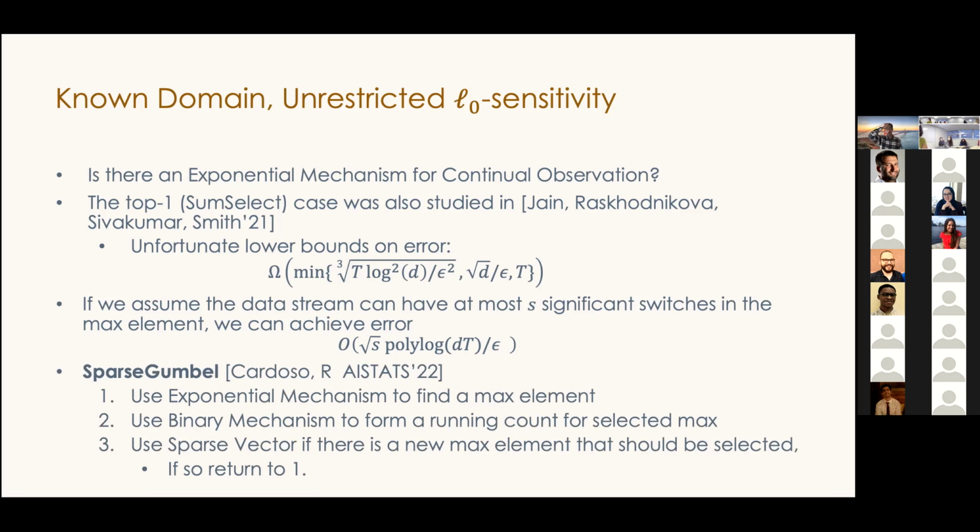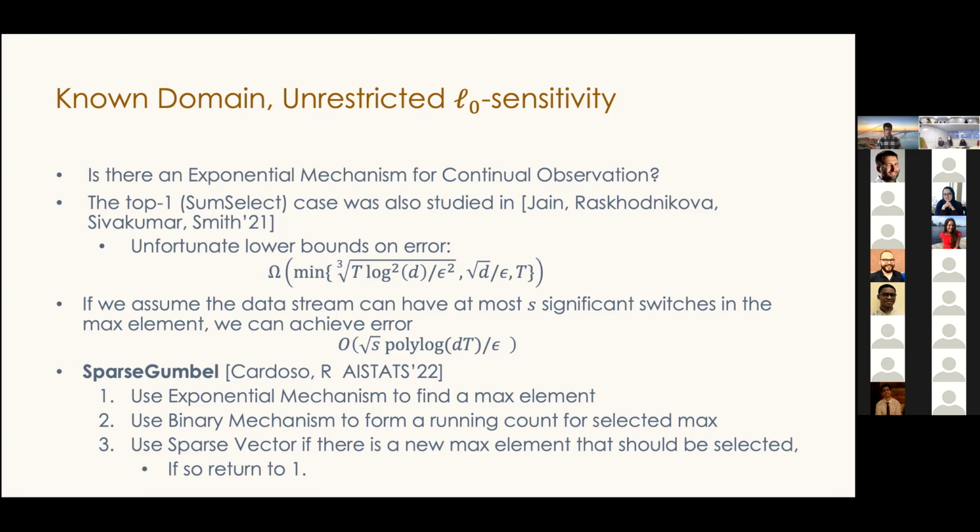The algorithm is essentially what the lower bound has, running the exponential mechanism at different times, but you don't know when to actually rerun the exponential mechanism. So you're going to use sparse vector to determine when you should actually make these changes.